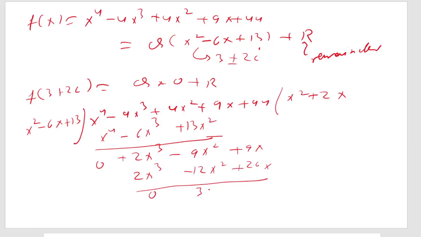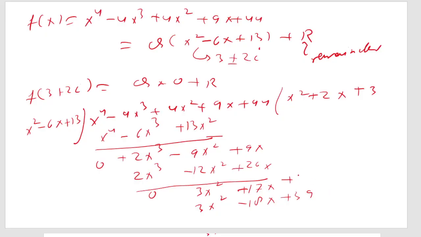Again I will add 3, so 3x square minus 18x plus 39.